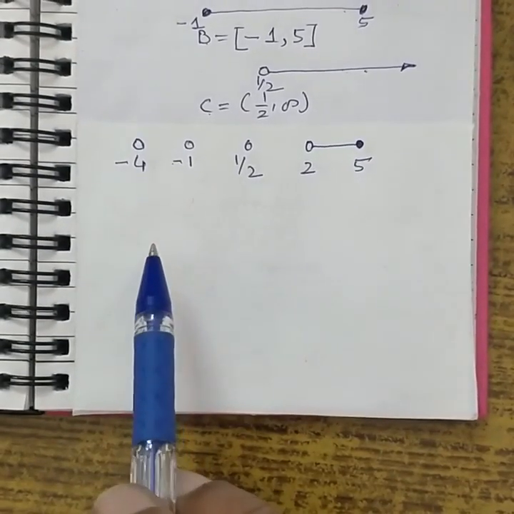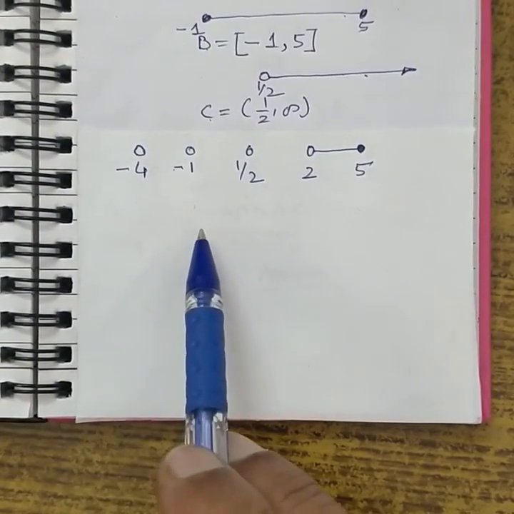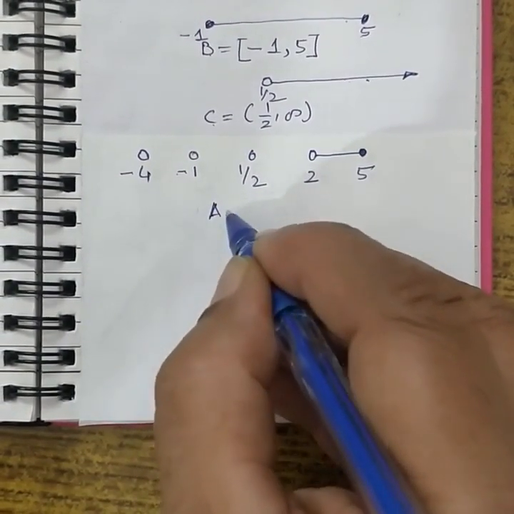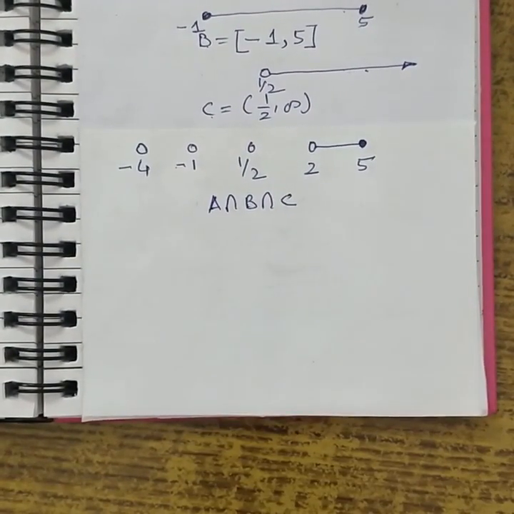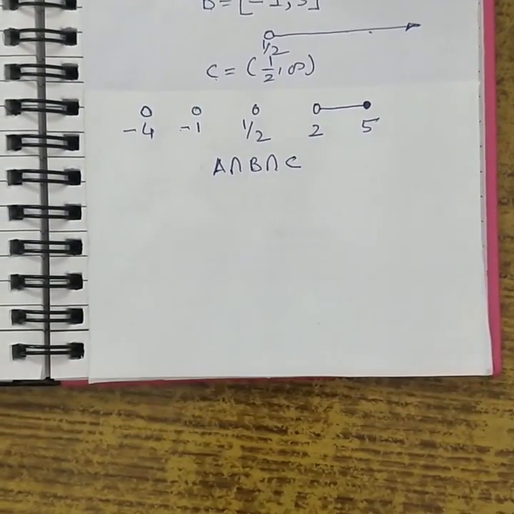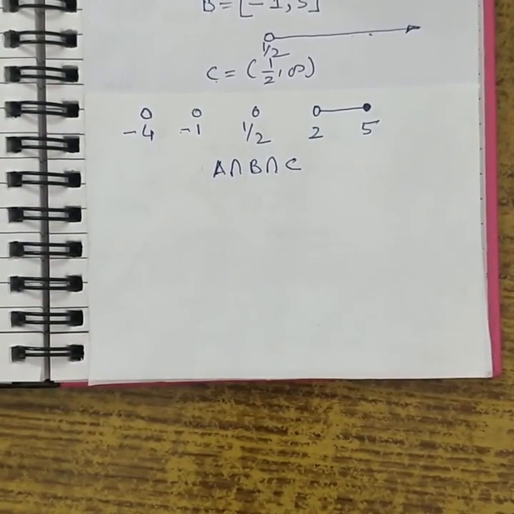Thus, we have arrived at the number line representation of A intersection B intersection C. With the help of this number line representation, we can write the set in bracket form.